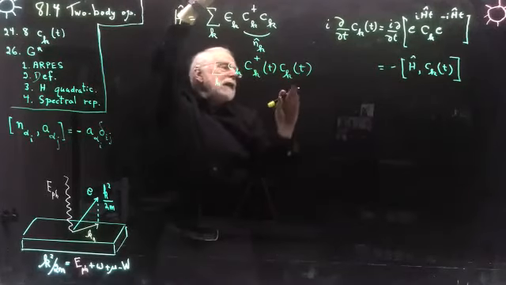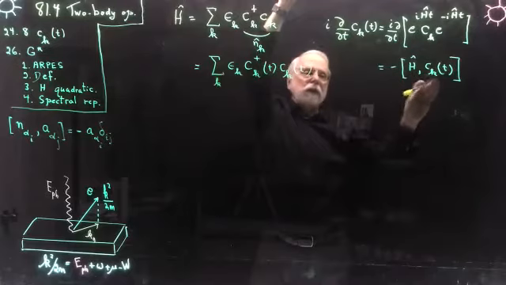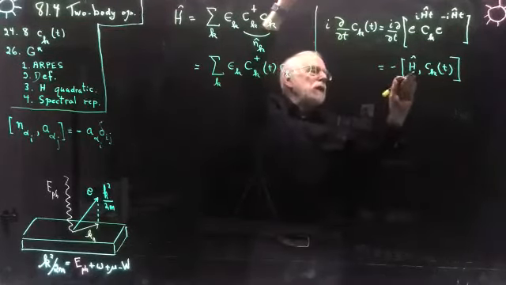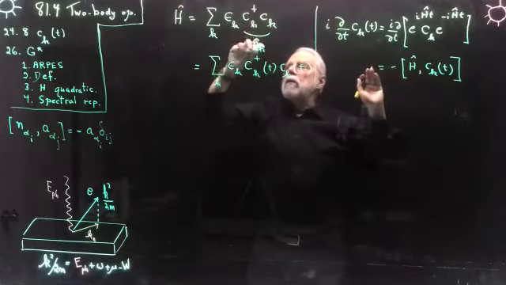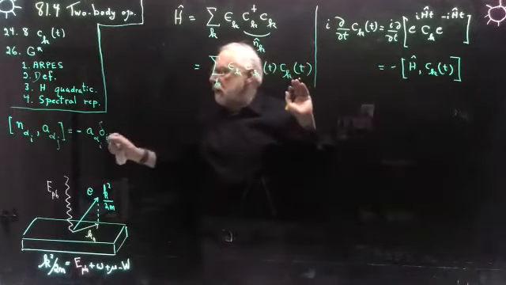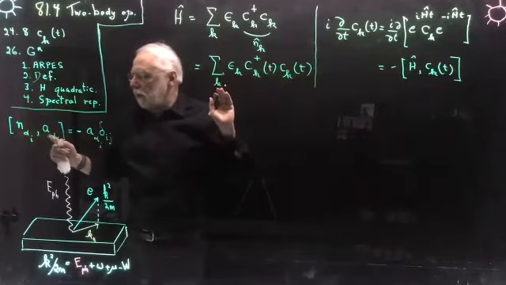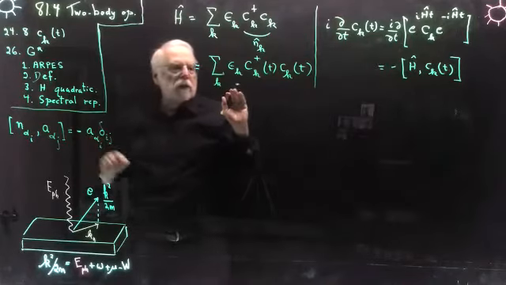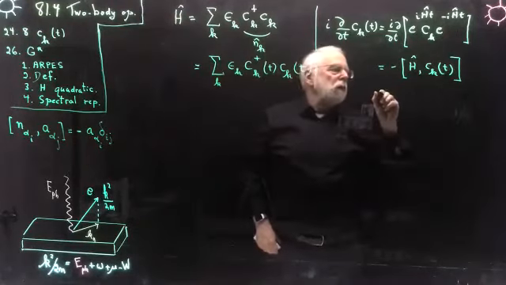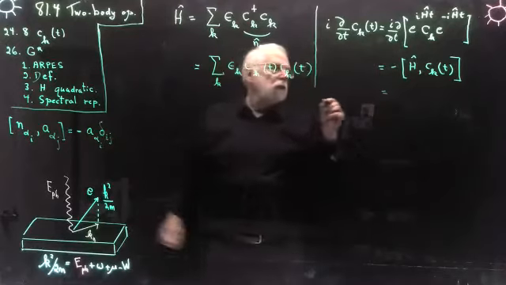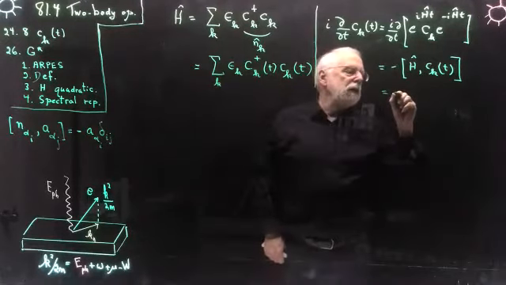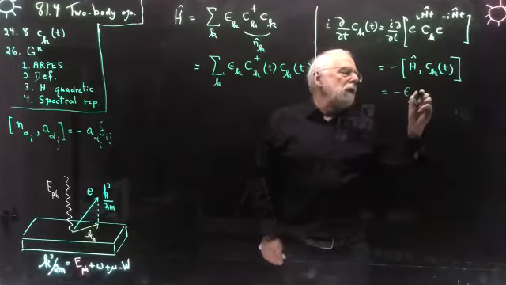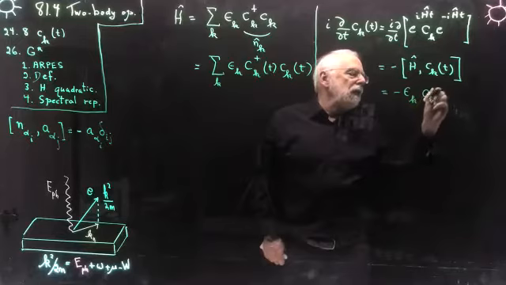So now I can use the equal time commutators. I know that I have the number operator here, and that the number operator commuted with the destruction operator is minus the destruction operator, with the delta function. So this is basically just minus epsilon k times ck of t.